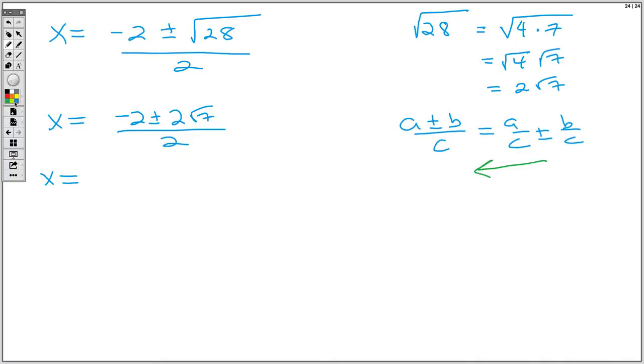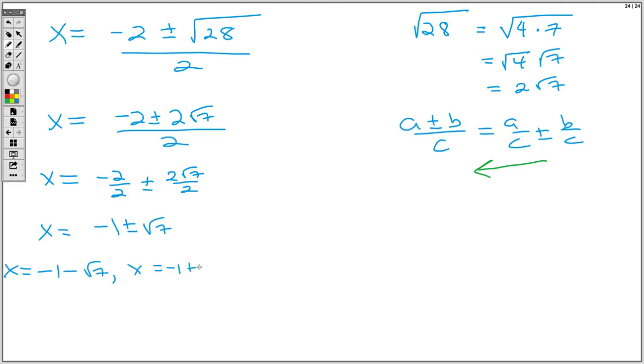Here we're going backwards, but we can do that as negative 2 over 2 plus or minus 2 square root 7 over 2, and simplify it this way. And remember, this is shorthand for two solutions, negative 1 minus root 7 and negative 1 plus root 7. So that's one way to do it.